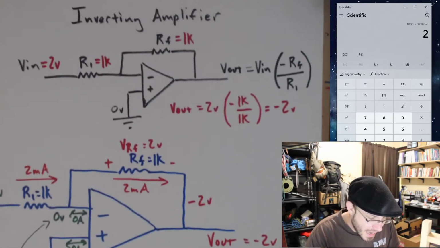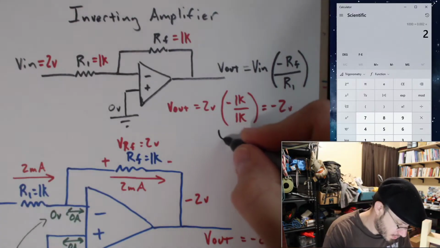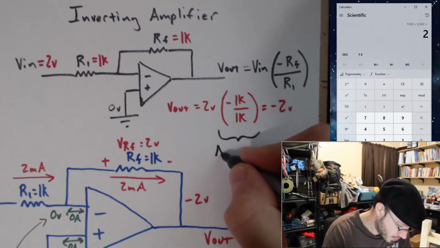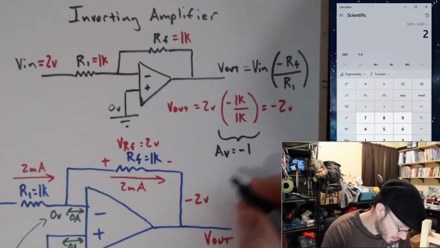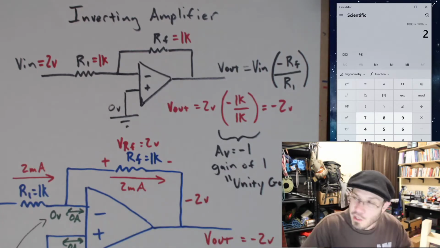So in this case, the gain over here is referred to as unity.